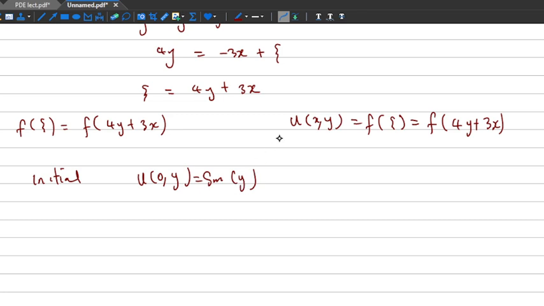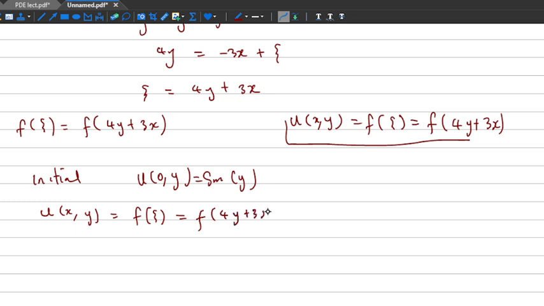So what you do is, you see your u is this. So you know that your u of x comma y, which is equal to f of psi, is equal to f of 4y plus 3x. So where there is x, they're telling you to put 0.